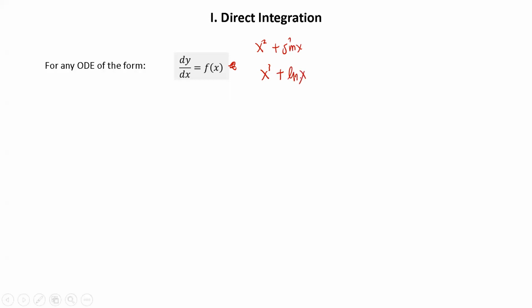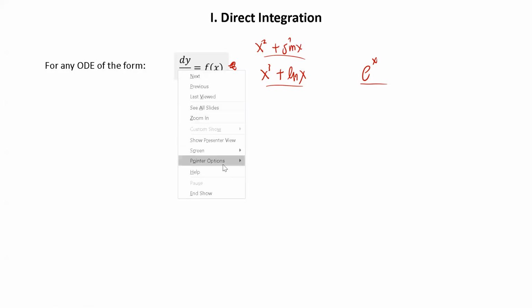It could be e to the power x. Many choices. Whenever you have an ODE that looks like dy/dx equals f of x, what would you do?